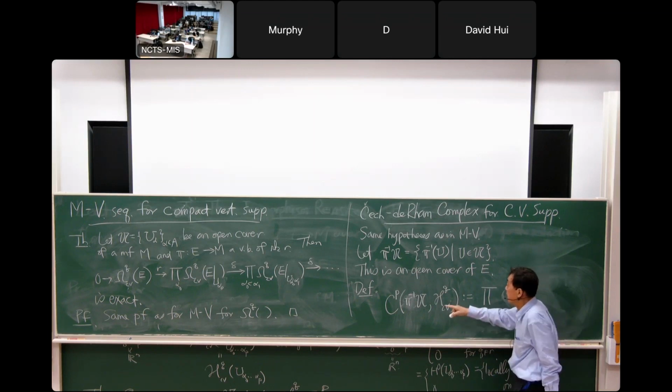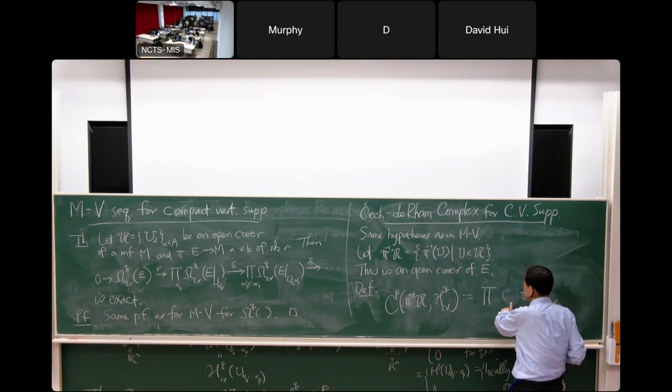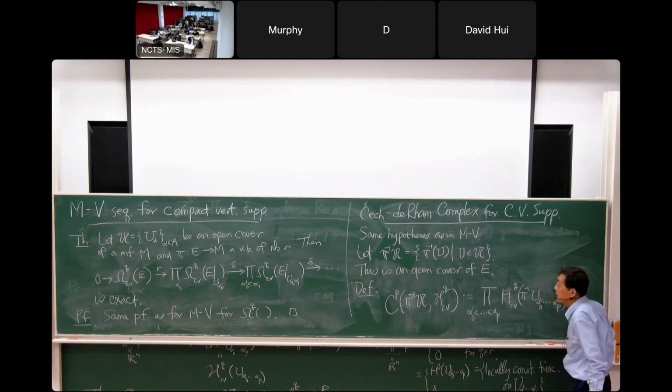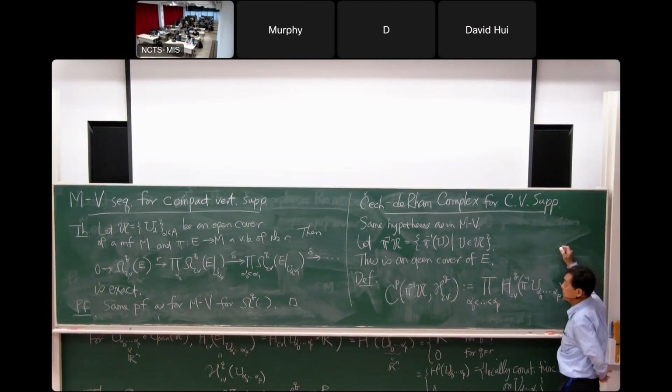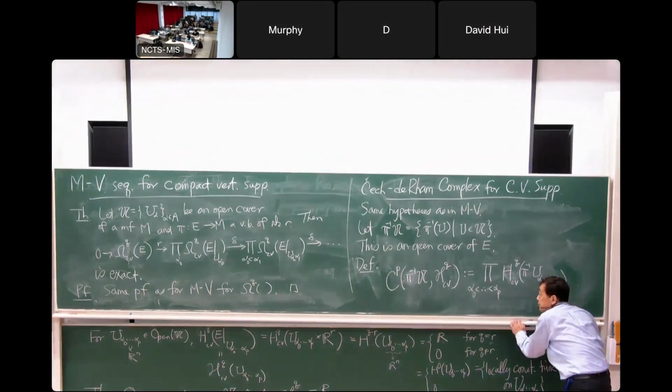So you look at pi inverse of U alpha 0 to alpha P, and then H^Q associates to this open set the Qth cohomology with compact support, where alpha 0 is less than alpha P. Okay, so this is the definition of the Čech-de Rham complex with compact vertical support. Let's draw this complex.